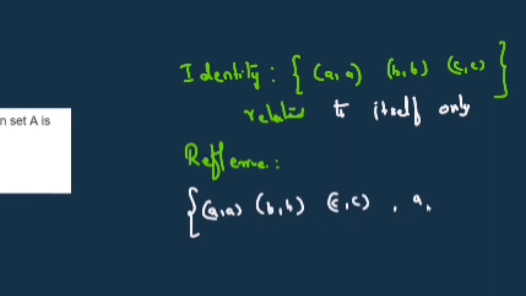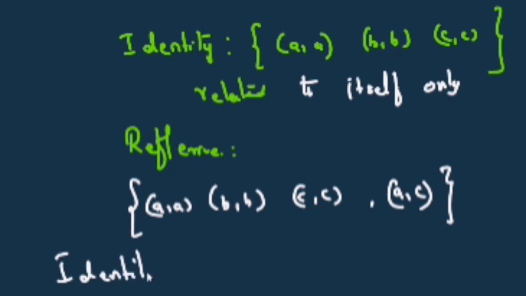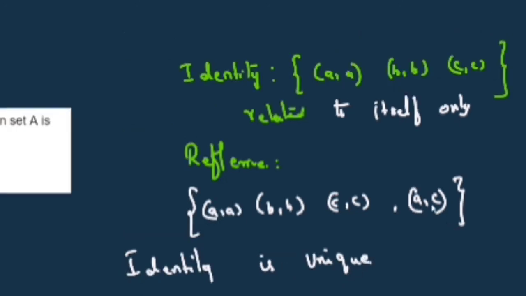You can write AC also. So A is related to A and also to C. Now identity we can have only one. Identity is unique, but reflexive you can have any number. Instead of AC you can have CA, or you can have the full set. So identity is unique, but reflexive is not unique.